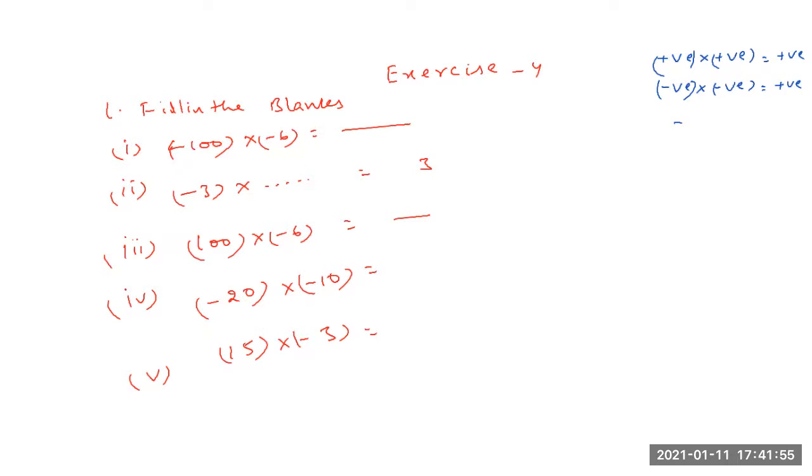Two different signs numbers, when we multiply, we get negative value numbers. So here two negative numbers, so we get positive value. So 6 into 100, 600.